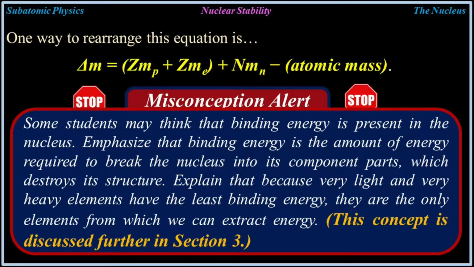Emphasize that binding energy is the amount of energy required to break the nucleus into its component parts, which destroys its structure. Explain that because very light and very heavy elements have the least binding energy, they are the only elements for which we can extract energy. These concepts are discussed further in section 3.